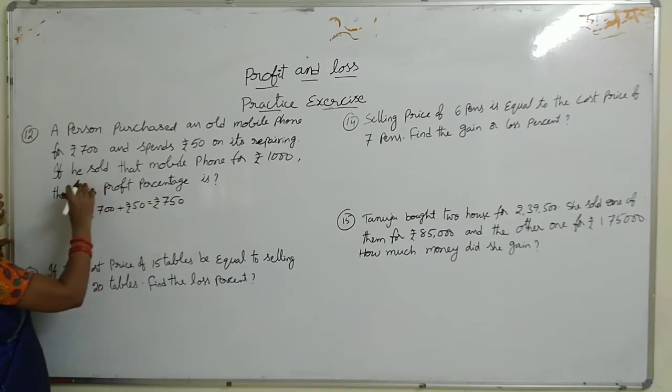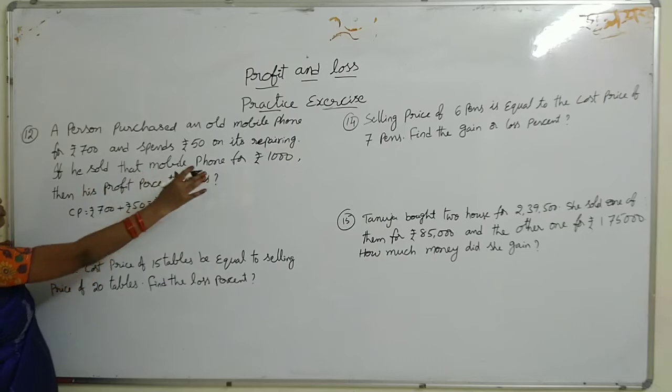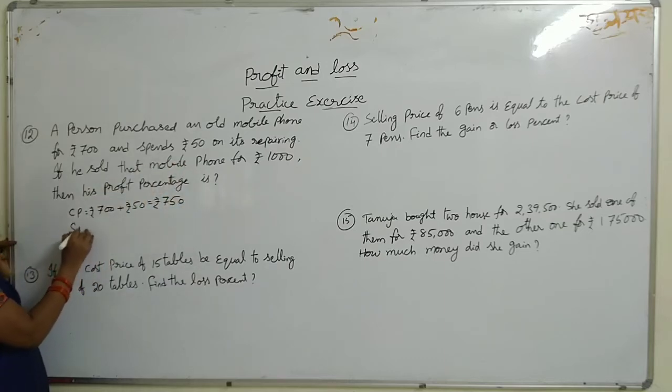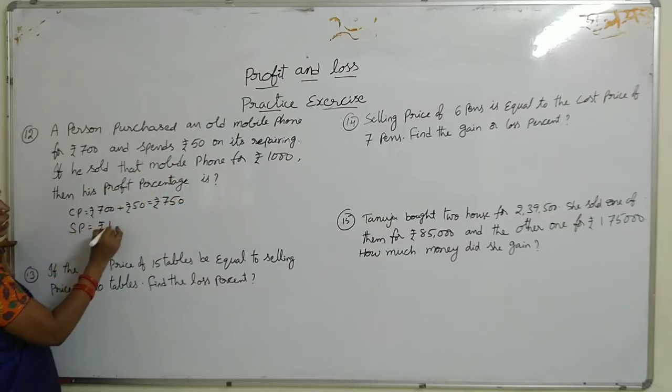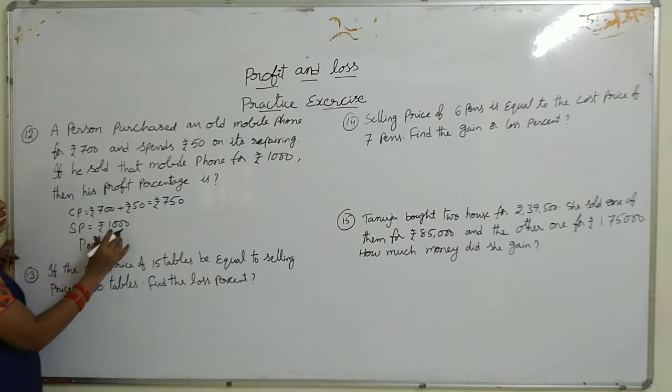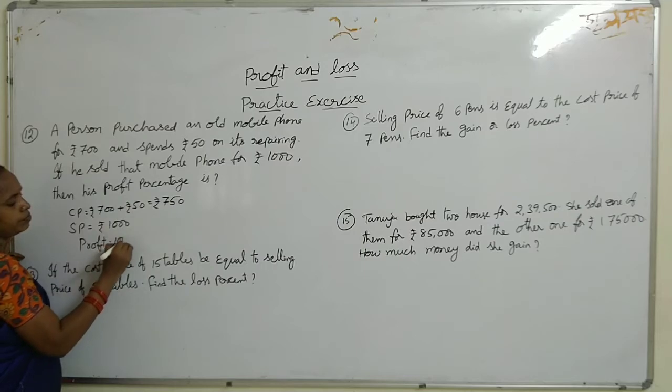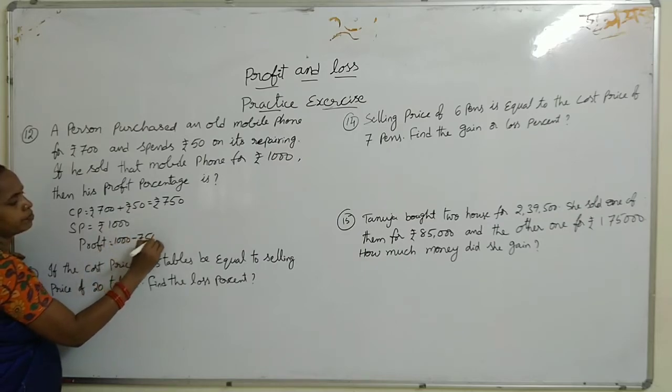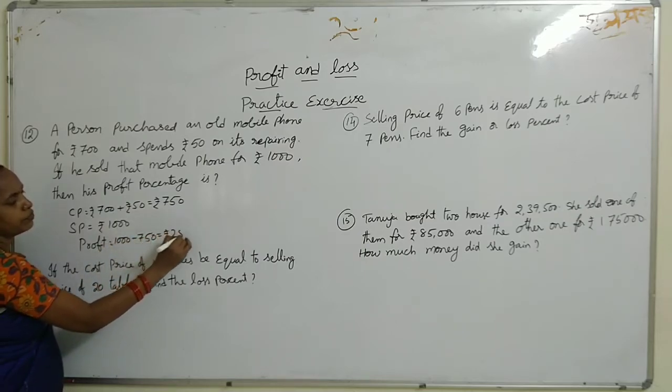And he sold the mobile phone for 1000 rupees. That is SP equal to 1000 rupees. So SP is more than CP, therefore he gets profit. Profit equal to SP minus CP, that is 1000 minus 750, that equals 250 rupees profit.